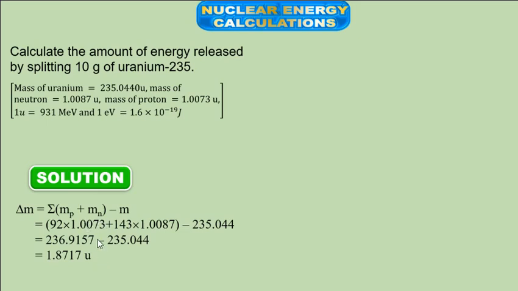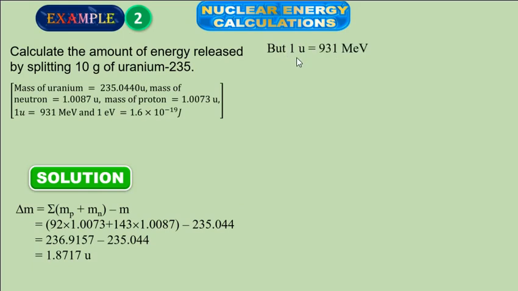With this mass defect now, we continue in our calculation. We know that 1 atomic mass unit is equivalent to 931 mega electron volt. Please, this is given here. And don't forget that 1 electron volt is given as 1.6 times 10 raised to power minus 19 joules in terms of energy. So therefore, we are going to make that substitution. Convert this from atomic mass unit to energy.